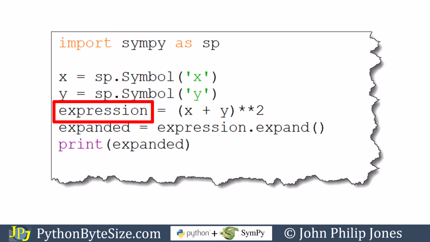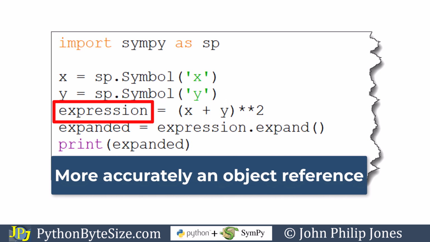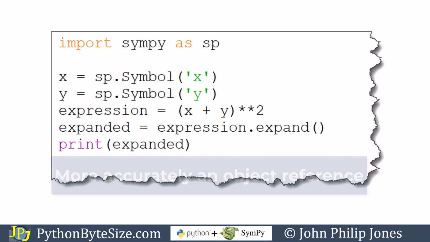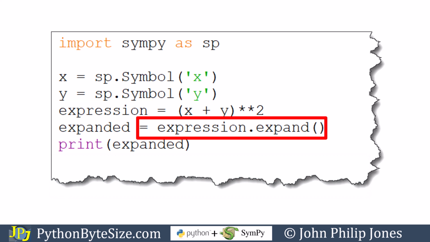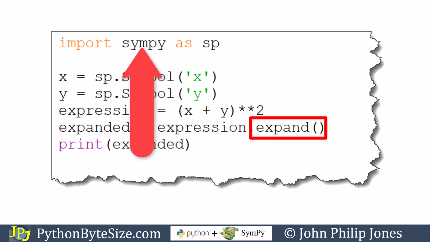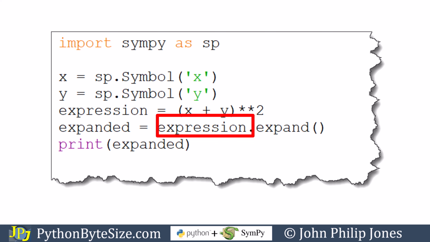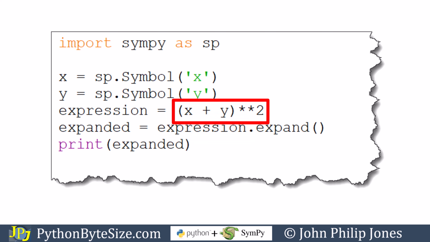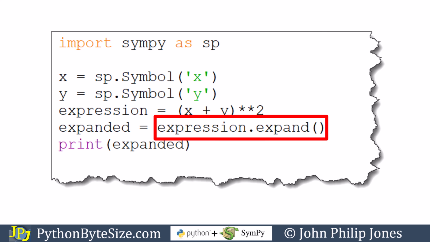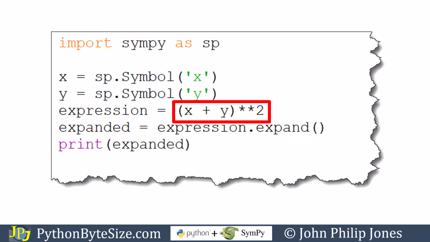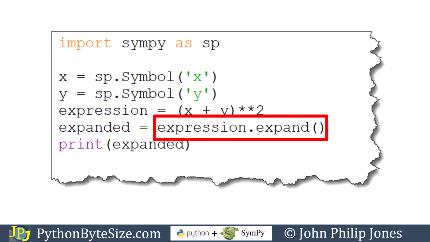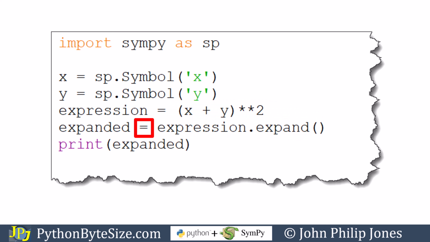And because this is effectively an object, it can invoke methods, and that's what's shown on this line. Now this is dot notation, and it is informing us that this expand method, which was defined in SymPy, will act upon this expression, which is what we created here, and this will effectively cause this expression to be expanded. And whatever this expands it to will be assigned to the variable that I've called expanded.